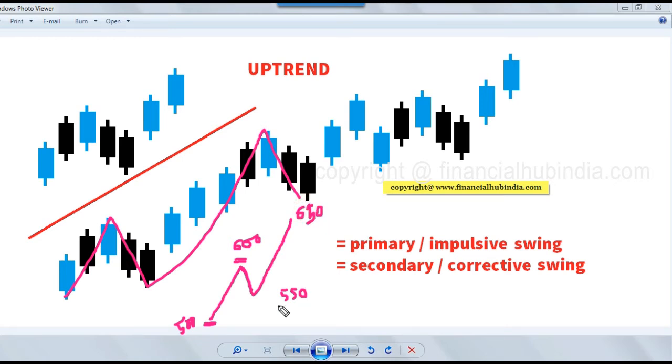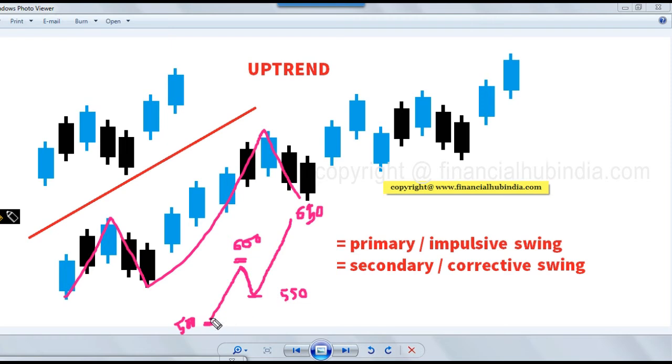All right. So here a larger swing up from 500 to 600, a 100-point push up. The price moved up for 100 points. It has just fallen for 50 points. So price going up much higher and going down much lower, right? So if you compare this swing with the next swing, if I'm saying it is swing one and this swing two, then swing one is larger than swing two, right? Then swing three, this is swing three, is larger than swing two.